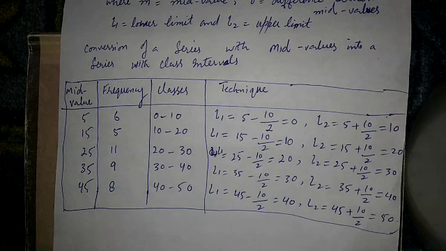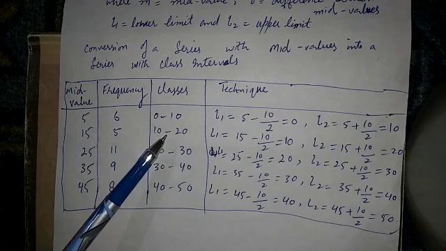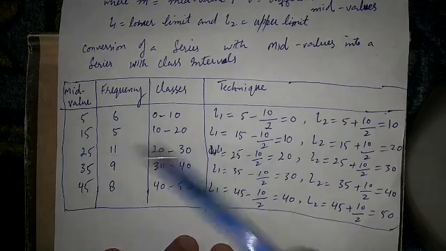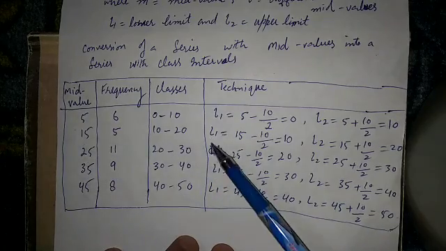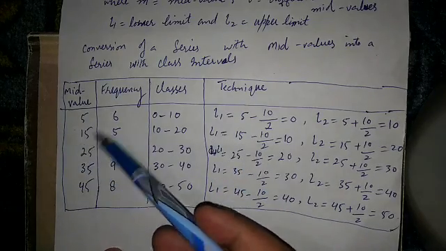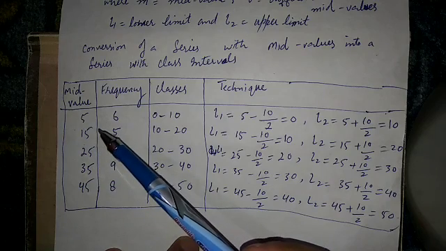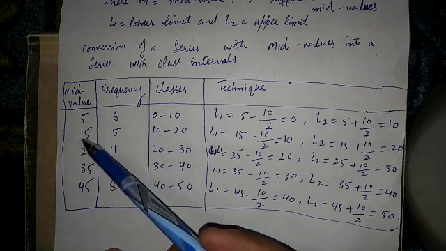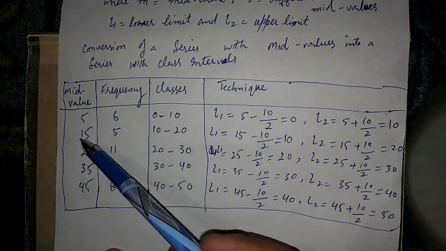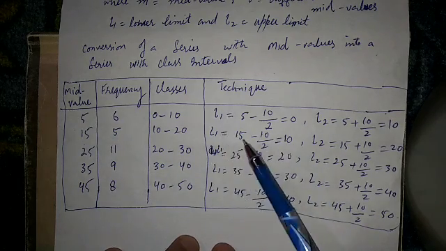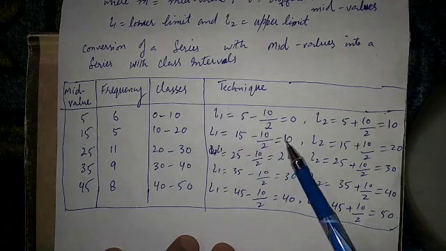Now the mid value is 15, so L1 is 15 minus half of I, the difference between mid values, 15 minus 5, that is 10 by 2, that is 5. So 15 minus 5 is equal to 10.